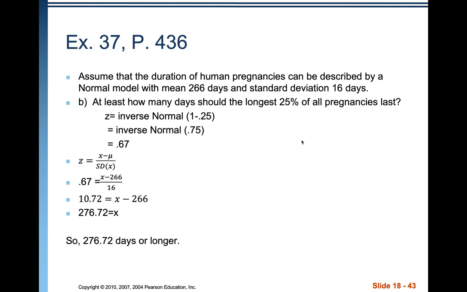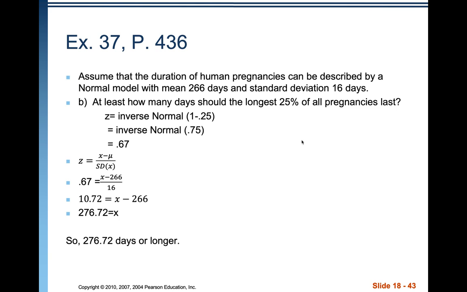At least how many days should the longest 25% of all pregnancies last? So we want to do inverse normal of 1 minus 0.25 because it has to be the area to the left. So inverse normal of 0.75 and we get 0.67. We're going to plug that into our formula for the z-score to solve for the observation value. So 0.67 equals x minus 266 divided by 16.